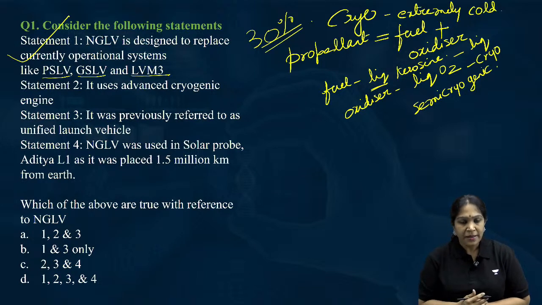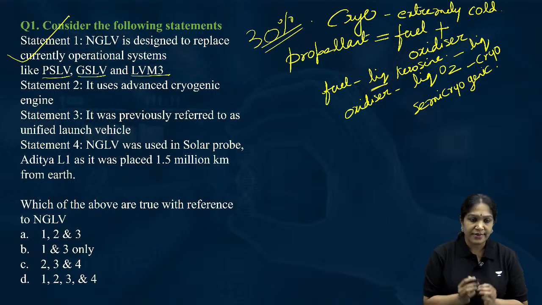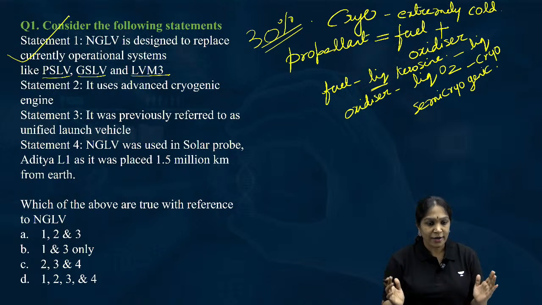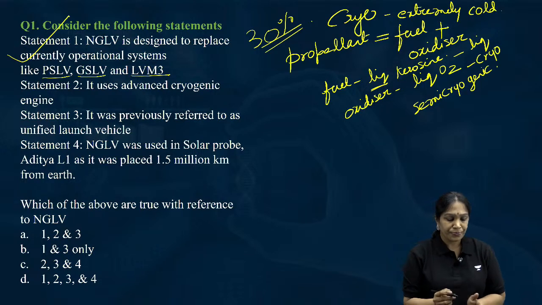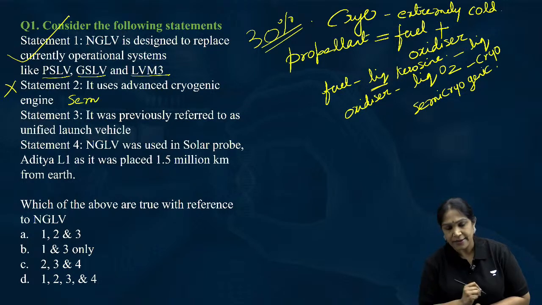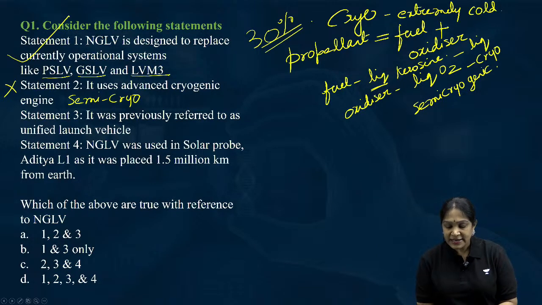Next, statement number 2. It uses advanced cryogenic engine. Yes, tell me, correct or wrong? Is it using advanced cryogenic engine? No, wrong. It is using semi-cryogenic. Okay, third statement. It was previously referred to as Unified Launch Vehicle.